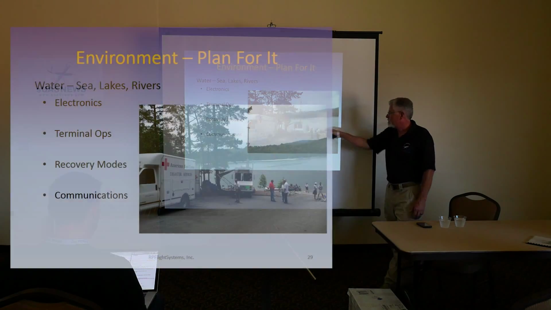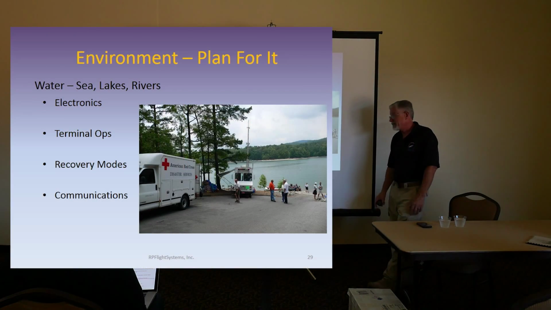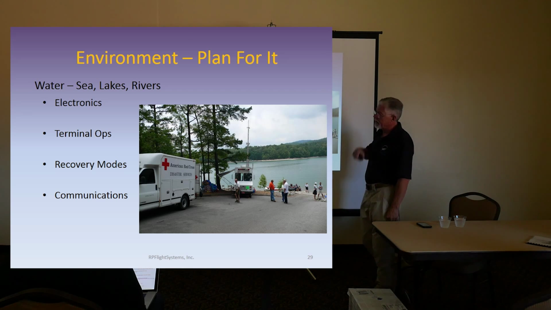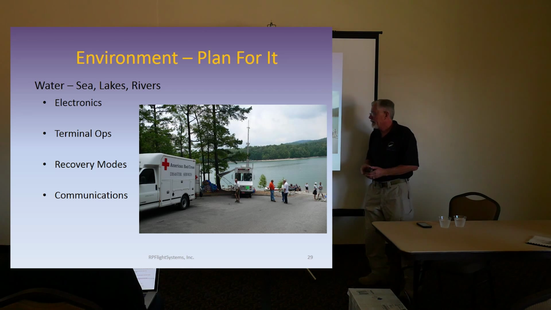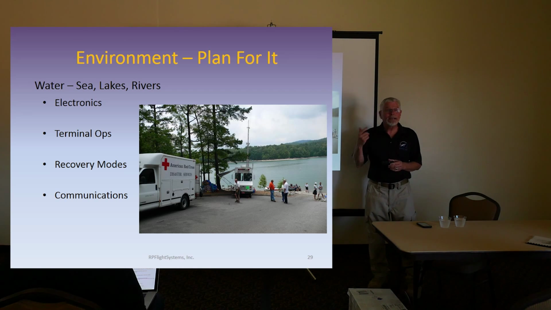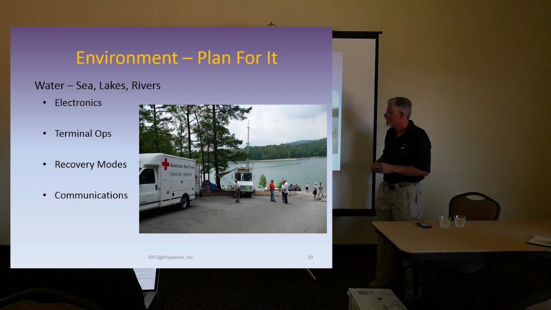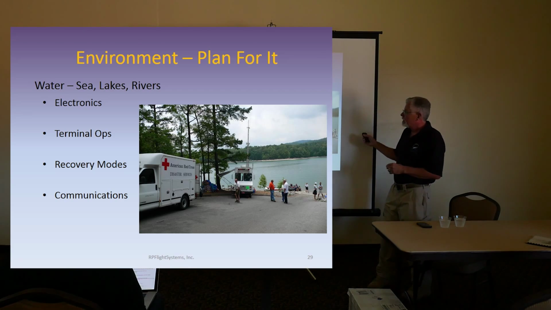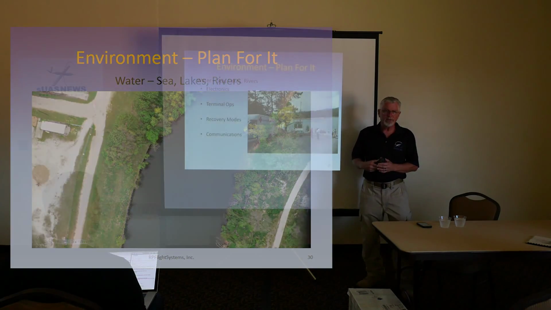This was a search in North Carolina. It was supposed to be the clearest lake in the world, and there was a sailboat back over here that had, unfortunately, a 5-year-old child entangled in the rigging when it went down. But this is an example of who you have to interface with.